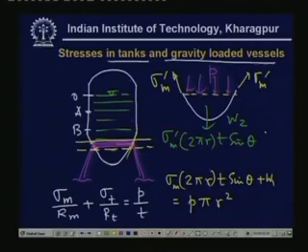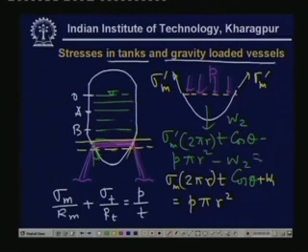Here I want to make a correction: because we have taken this angle to be theta, this should be cosine theta and not sine theta as we have written. So, this is cosine theta, again this is cosine theta, minus P pi r square and minus W2 equal to 0.